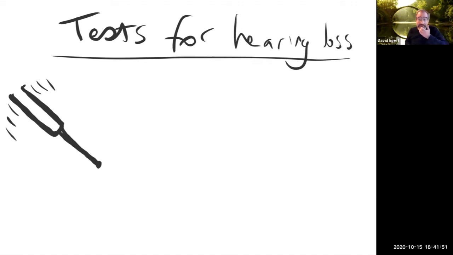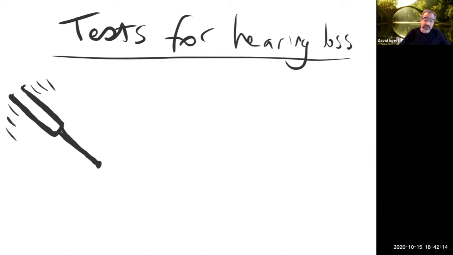The nice thing about the tuning fork is you can use it to either stimulate air conduction by just holding it near their ear, or stimulate bone conduction by sticking the metal thing against their skull. So we can use the tuning fork to either stimulate air conduction or bone conduction.